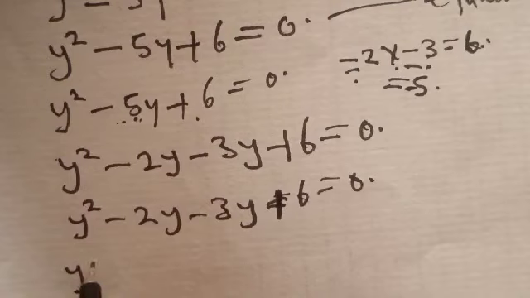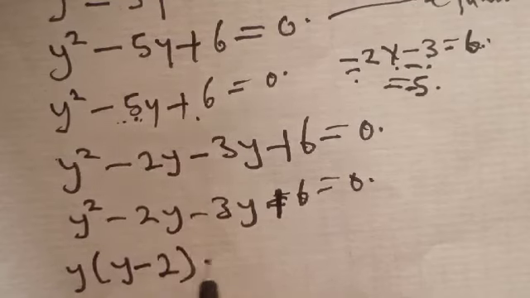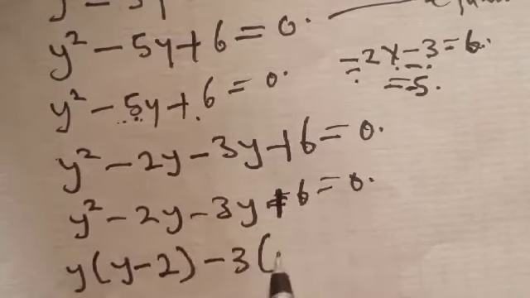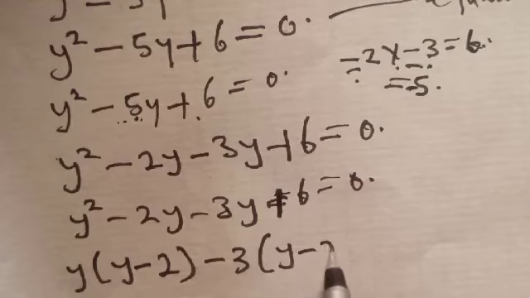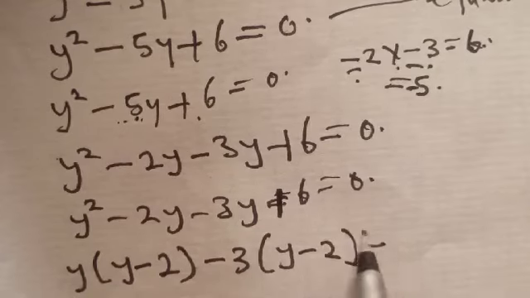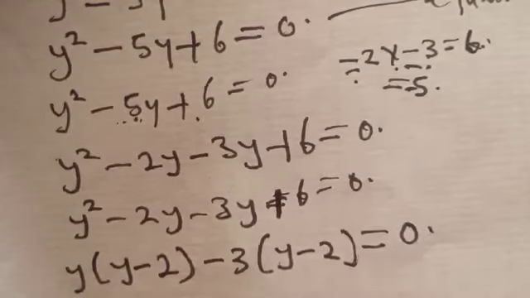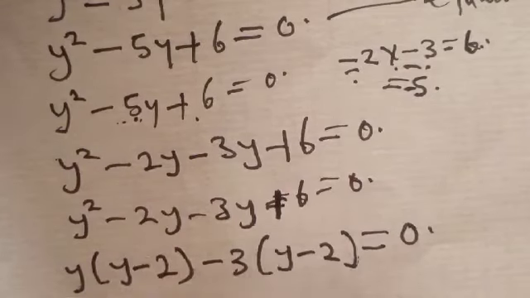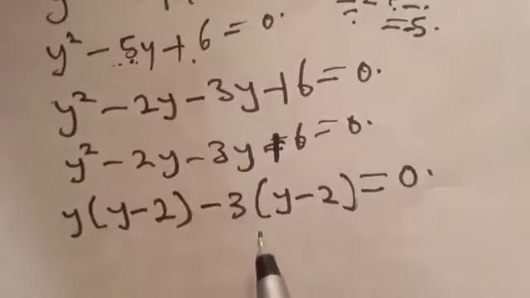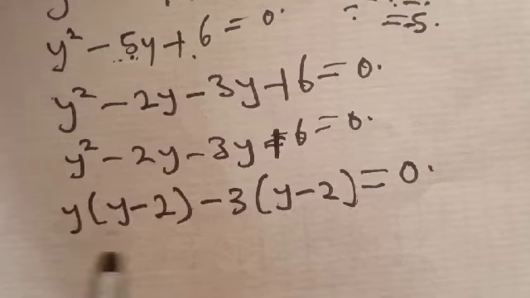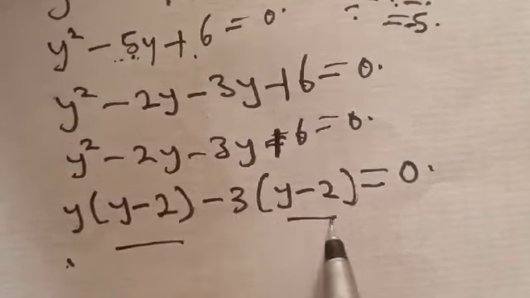y into y minus 2, minus 3 into y minus 2 is equal to 0. If you expand this, you get this value. Then we have this and this in brackets.